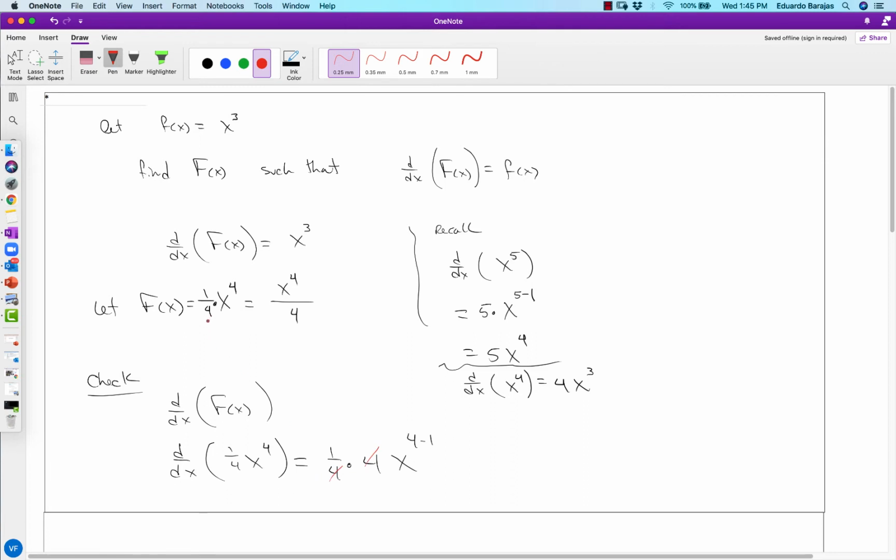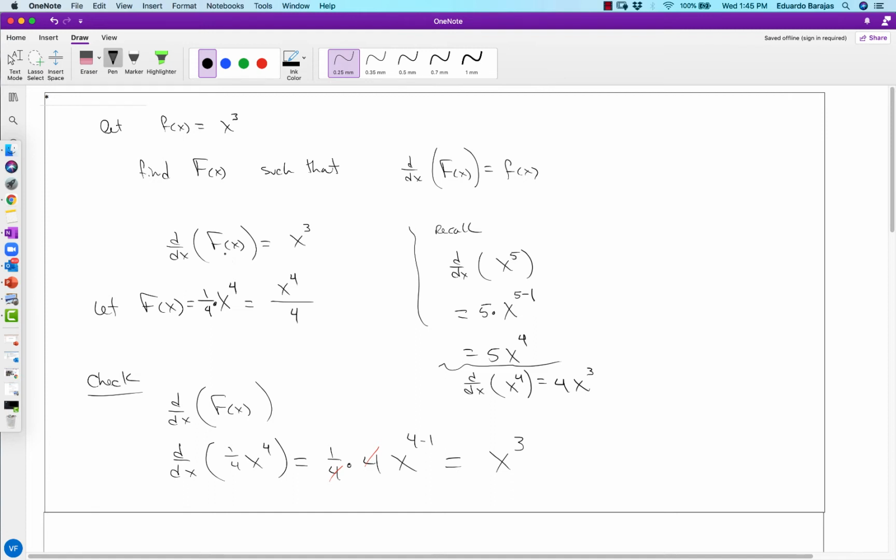That was the reason why I put a 1/4 there, and so this gives me exactly what I wanted, x to the power of 3. So we've done it. We figured out a function such that the derivative of that function equals x to the 3rd power.